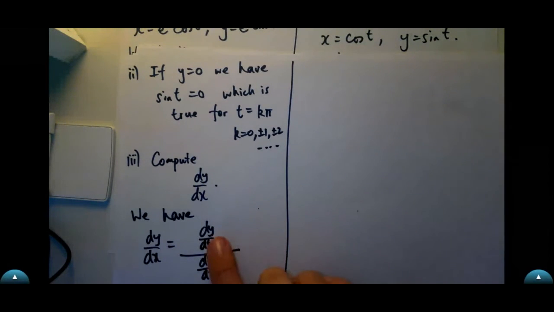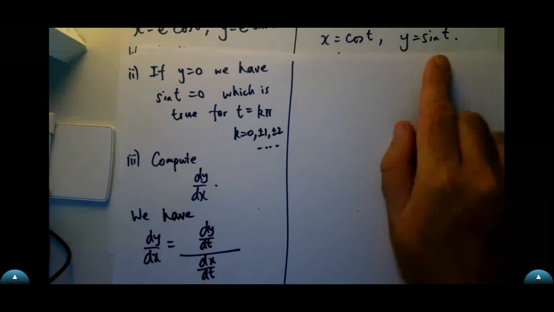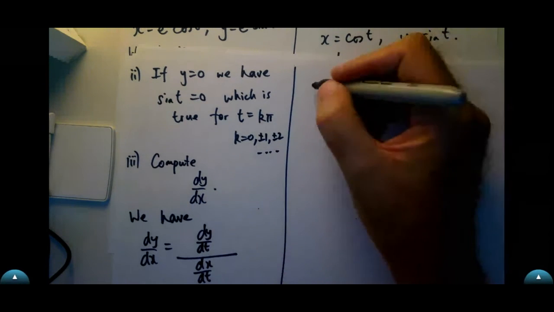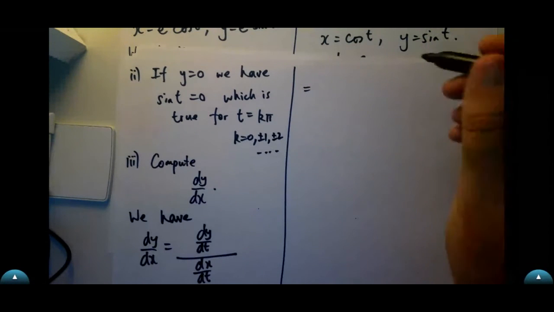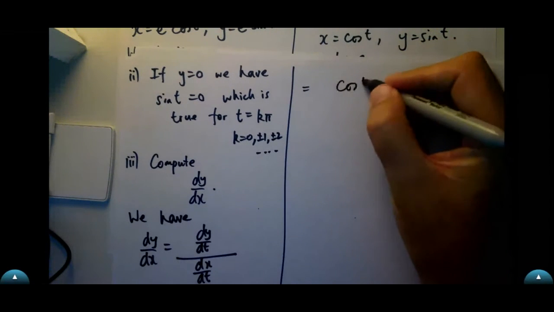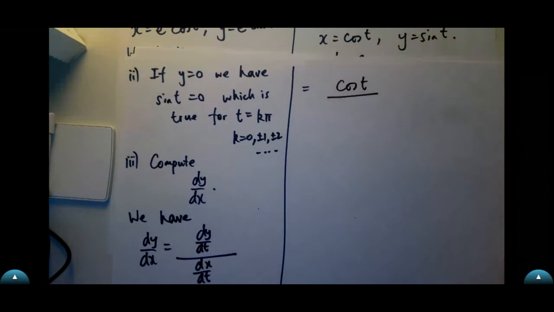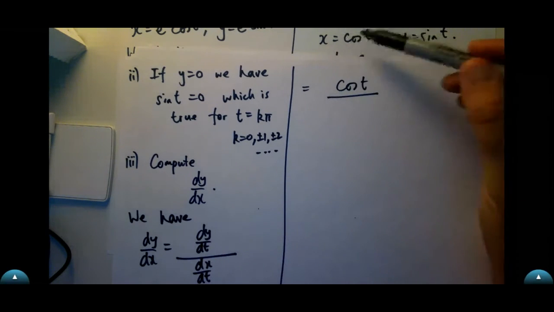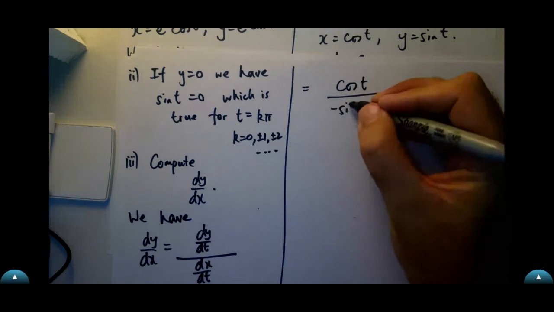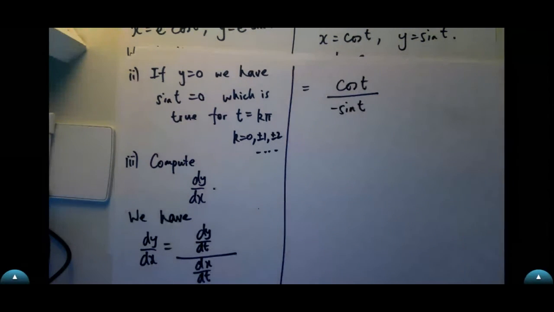So if y is that, well, it's pretty easy to work out dy/dt, because I differentiate sine with respect to t and I get cosine t. And dx/dt will just be this differentiated, which will be negative sine t. Now we're assuming here that this denominator is non-zero.